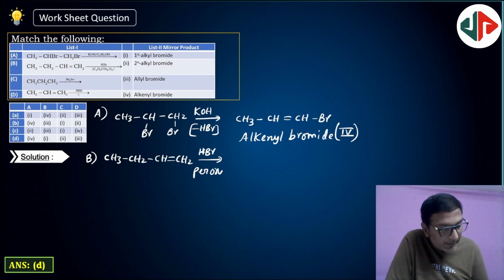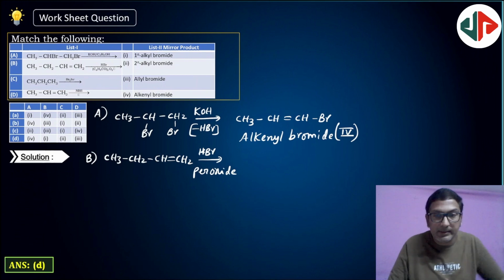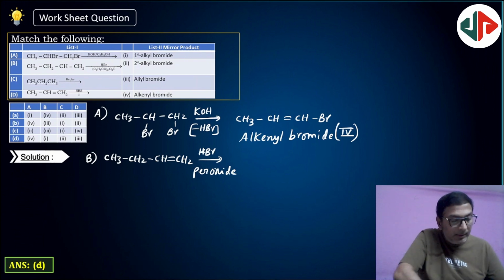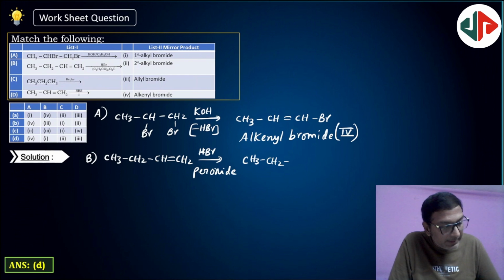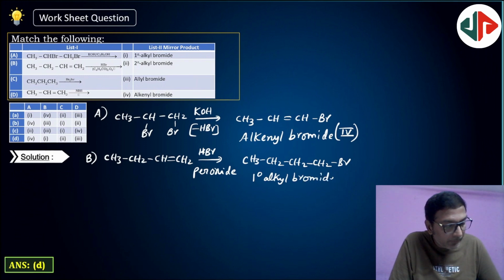HBr peroxide is anti-Markovnikov's addition, that gives CH3, CH2, CH2, CH2Br. So primary alkyl bromide, which is 1.